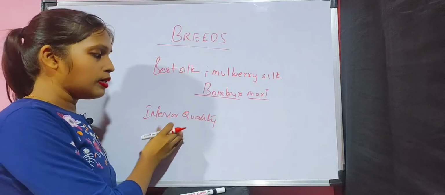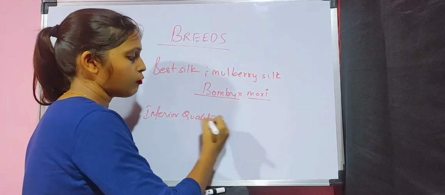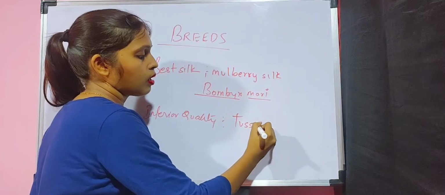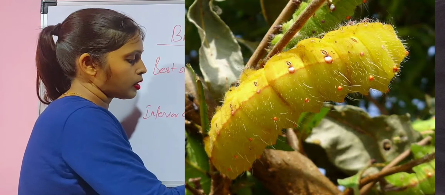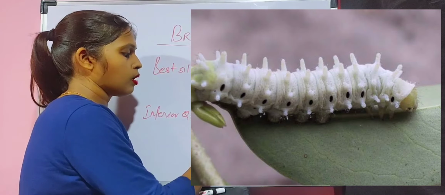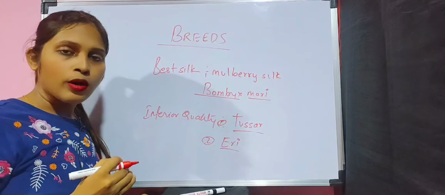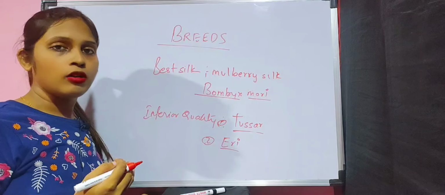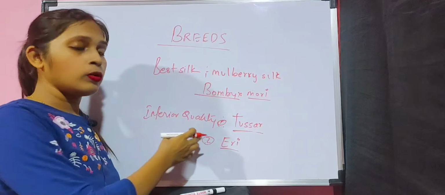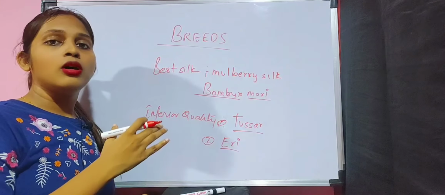The inferior quality of silk is obtained from Tussar silkworm and Eri silkworm. These are the two inferior quality silkworms which produce an inferior quality of silk, and they do not feed on the mulberry tree but they feed on the oak tree.